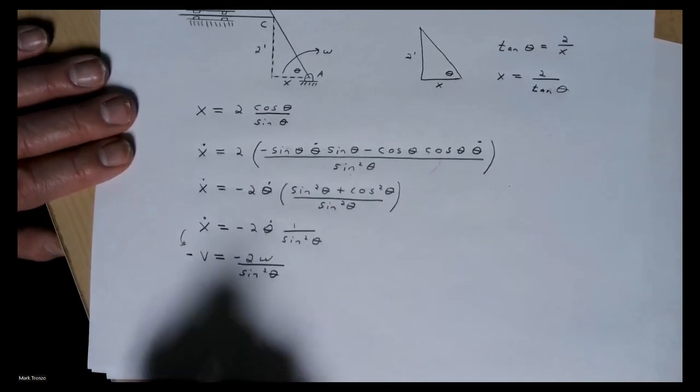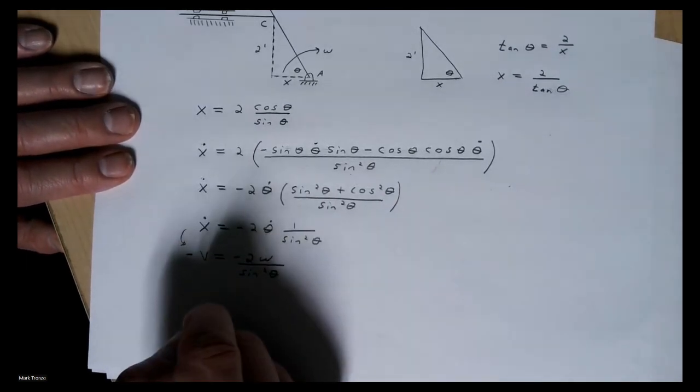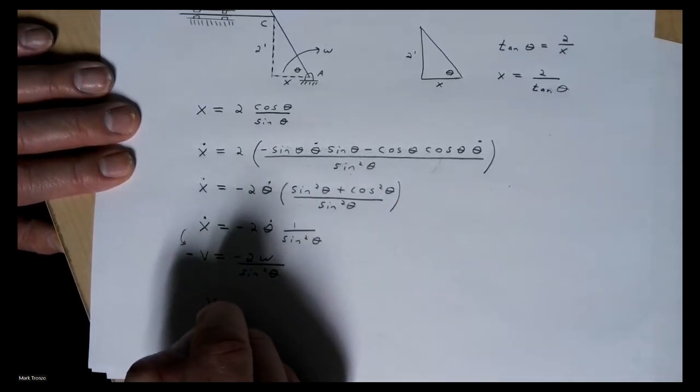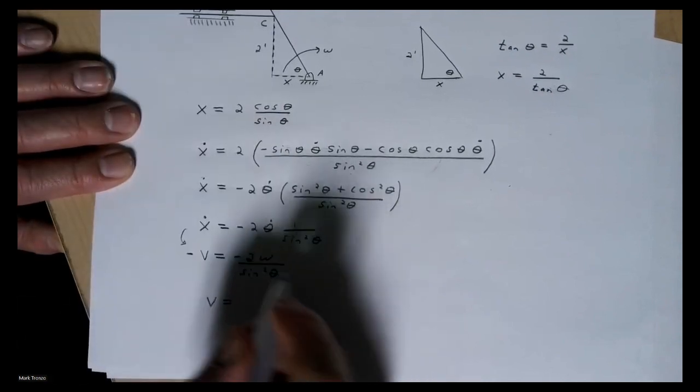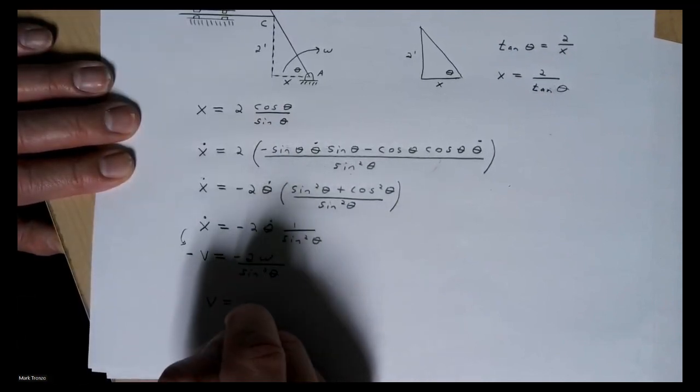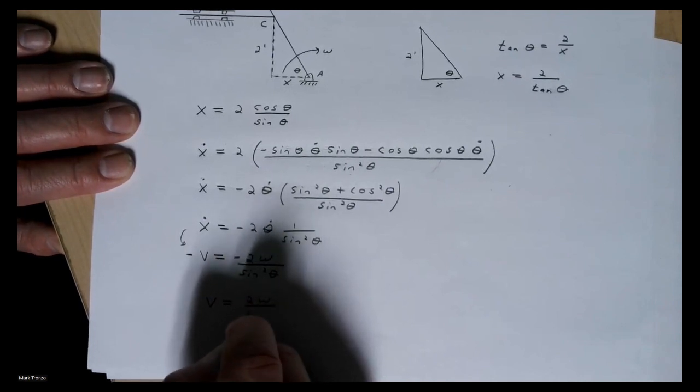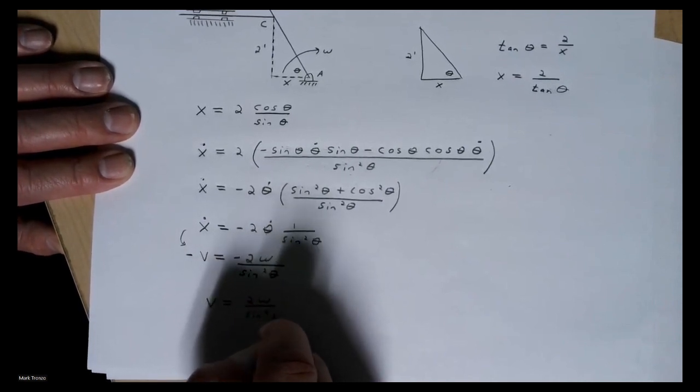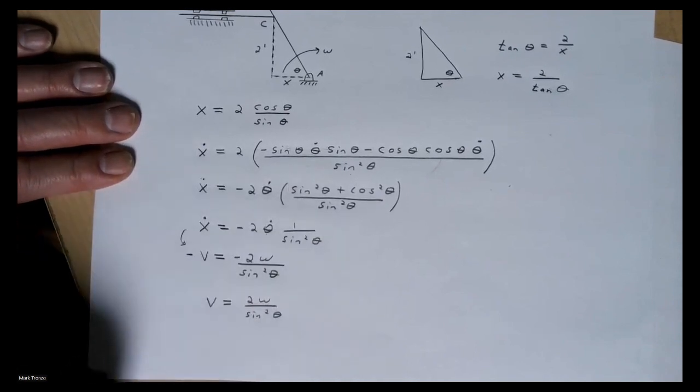And then finally, if we multiply by -1, the velocity is equal to 2 omega over sine squared theta.